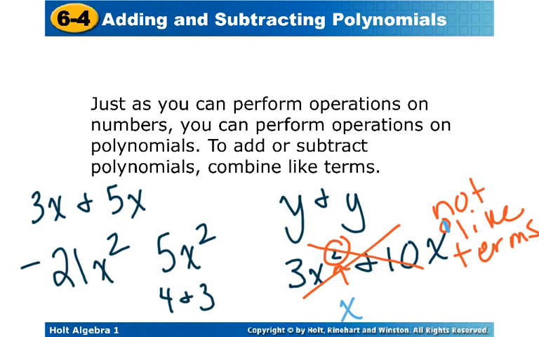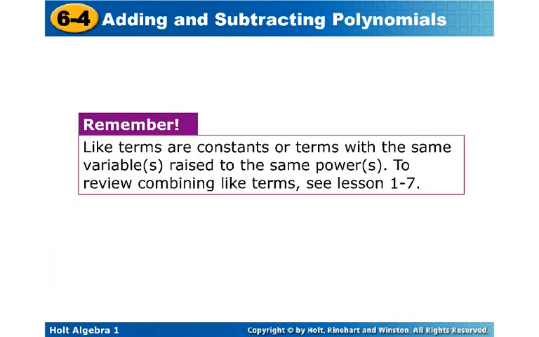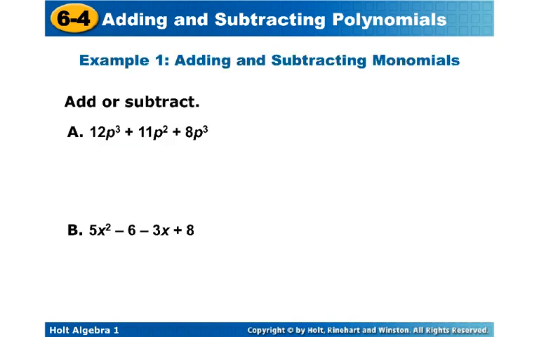Also, x and y, are those like terms? No, they're two different variables. So those ones are not like terms either. So you guys are going to be combining like terms in order to add and subtract polynomials. This is just one thing for you guys to remember: they have to be the same variable raised to the same power.